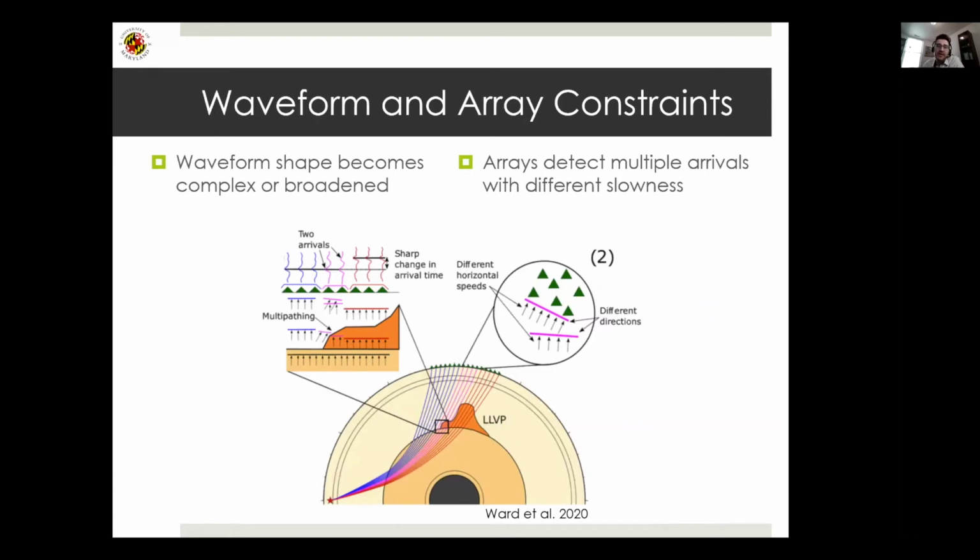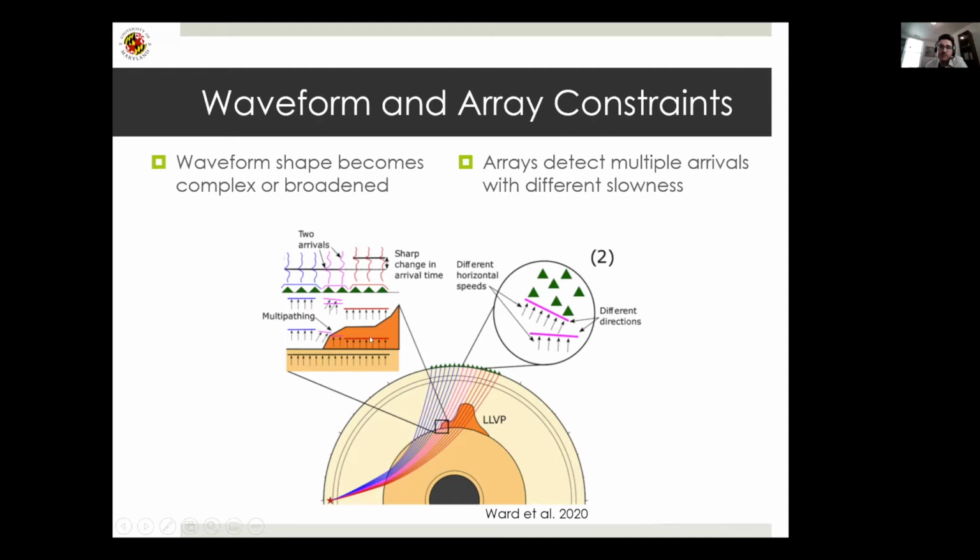Well, waveform and array constraints can really help us nail down the morphology of LLSVPs. So for example, this is a nice cartoon from Ward et al. 2020. If you have seismic waves traveling up along a large low shear velocity province, and they are interacting with its edge, you can have waves that are traveling through the anomaly and outside the anomaly, which can result in multiple arrivals through a phenomenon we call multipathing.